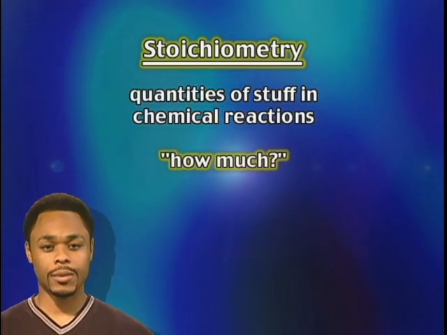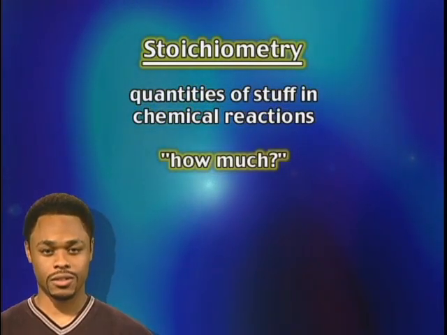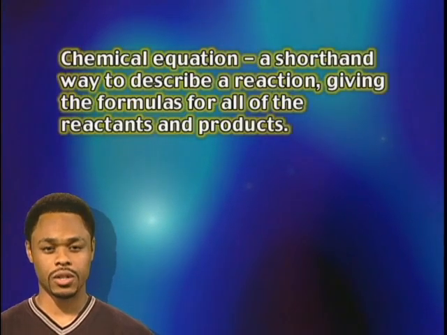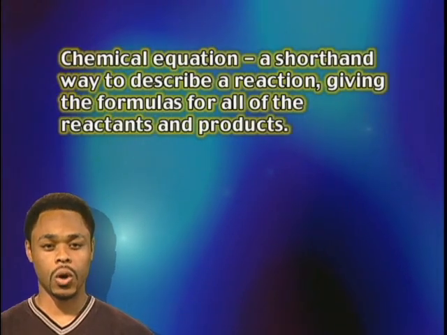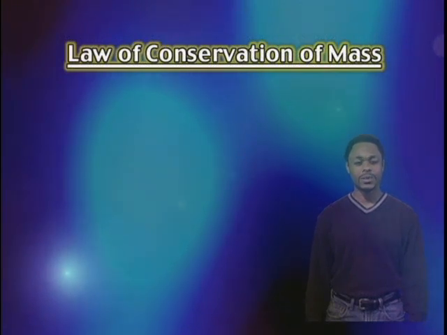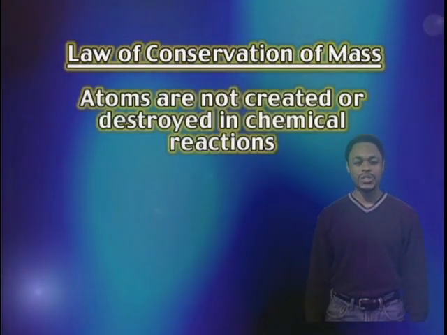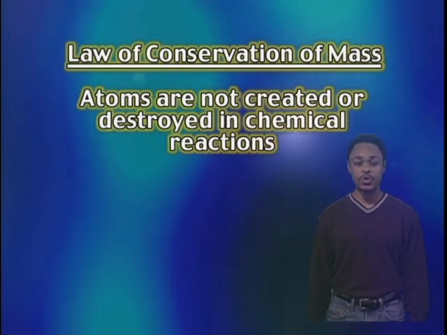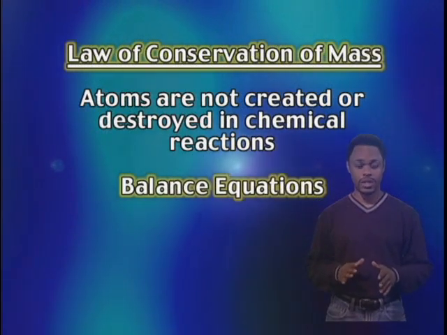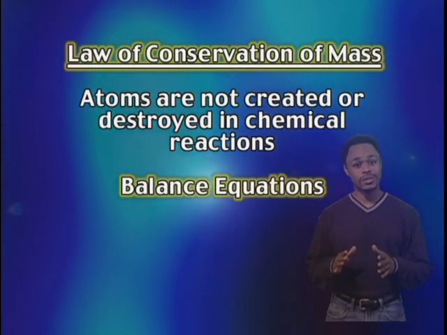We use stoichiometry to answer the question, how much? A chemical equation is a shorthand way to describe a reaction, giving the formulas for all the reactants and the products. Chemical equations have to be consistent with the law of conservation of mass, which says that atoms are not created or destroyed in chemical reactions. To avoid breaking the law of conservation of mass, you have to learn how to balance equations.